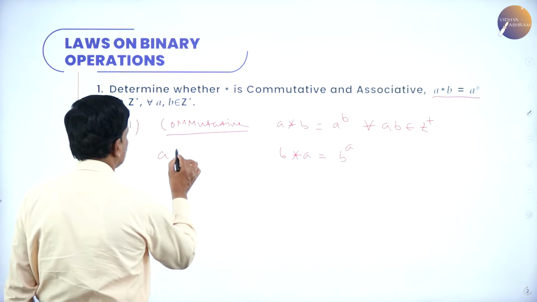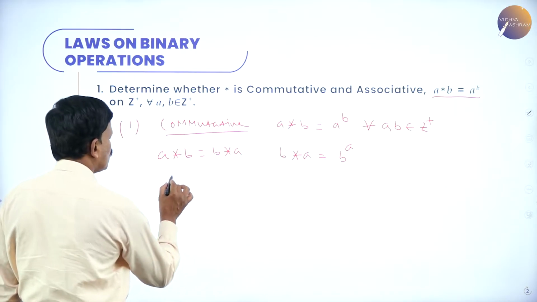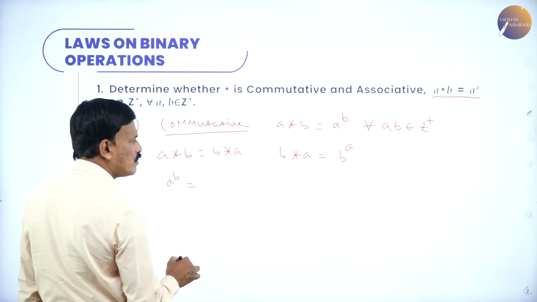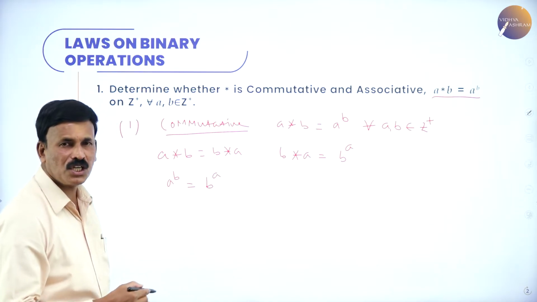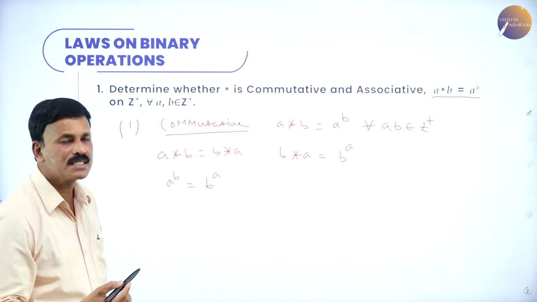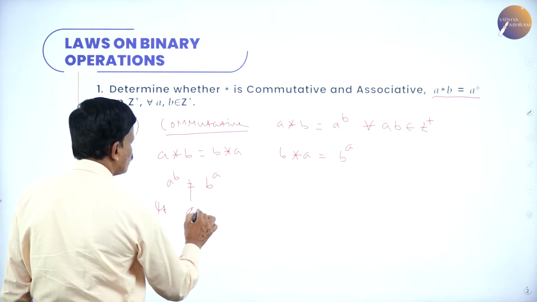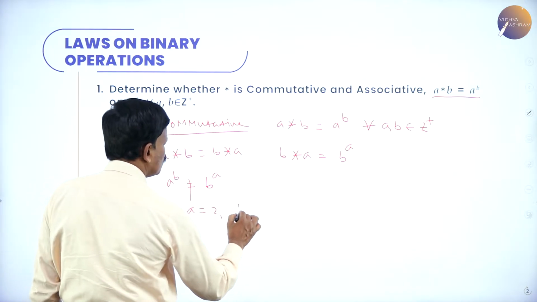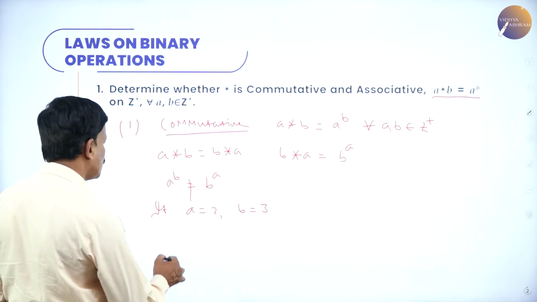What is the commutative property? A star B is equal to B star A. What is A star B? A to the power of B. What is B star A? B to the power of A. Are they equal? A to the power of B is not equal to B to the power of A. For example, let us take A is equal to 2 and B is equal to 3.